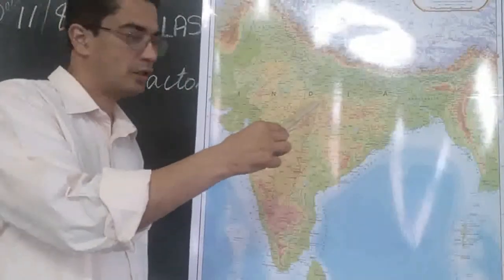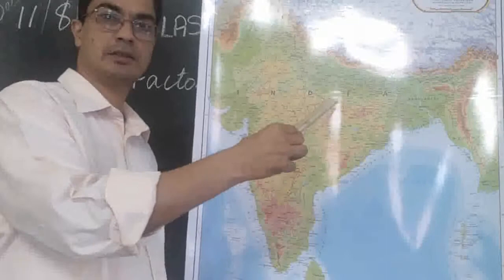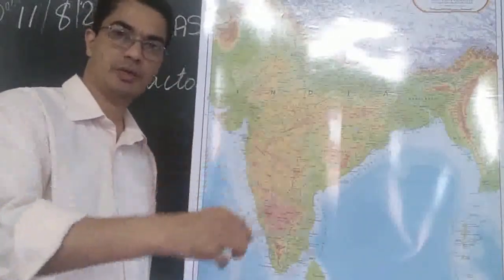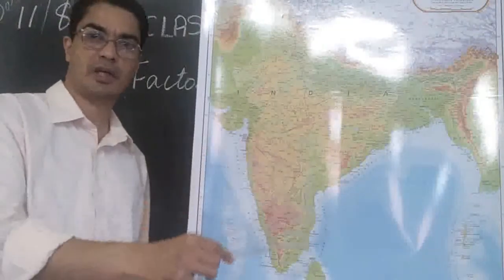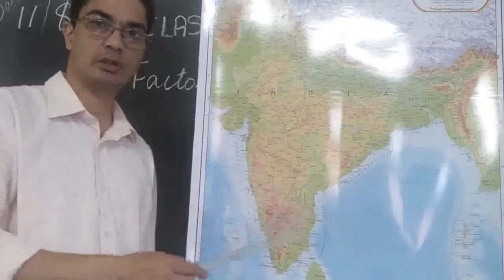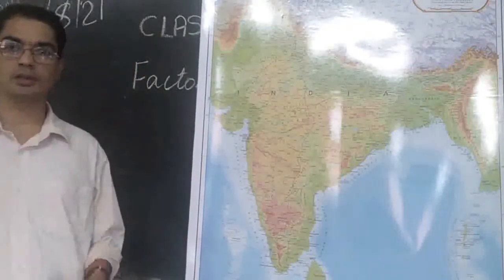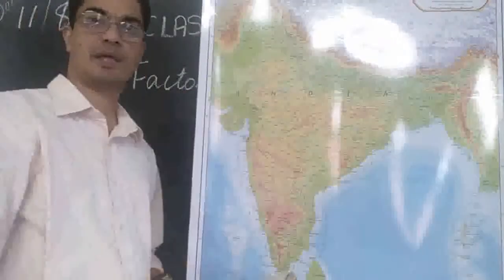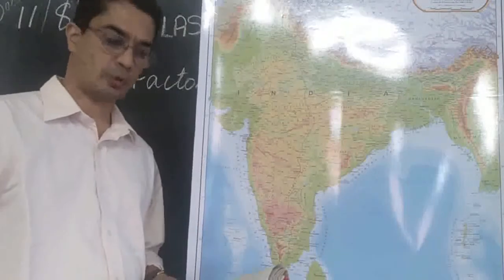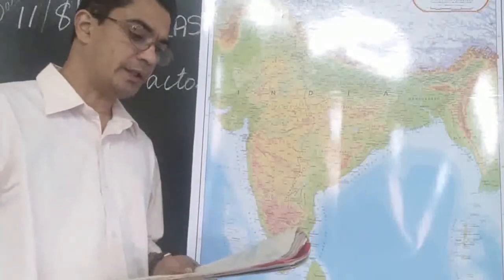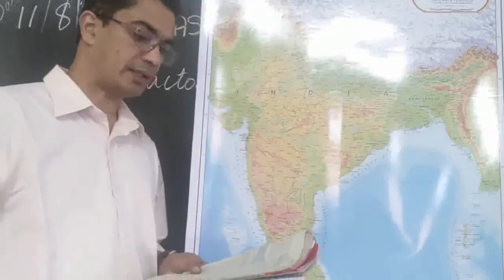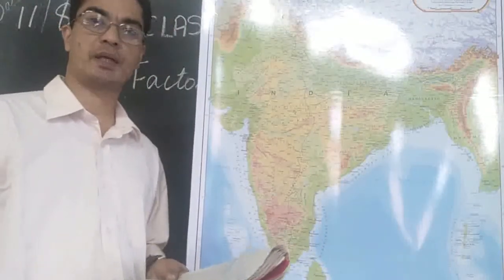So below the Tropic of Cancer and between the equator, between this Tropic of Cancer and equator, that area is called the tropic, and above the Tropic of Cancer is called subtropic. So India lying south of the Tropic of Cancer belongs to the tropical area.